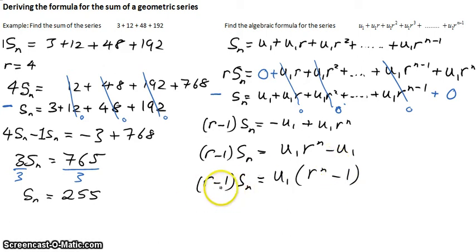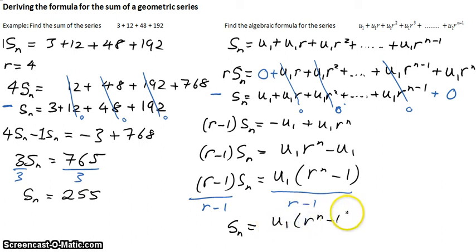If this left hand side was 5 Sn, I'd divide by 5. If it's 12 Sn, I divide by 12. If it's r minus 1, what do I divide by? r minus 1. But if I divide the left side by r minus 1, I must divide the right side by r minus 1. That gives you that the total of all the terms of a geometric series is u1 times (r to the n minus 1) all over r minus 1. Done.